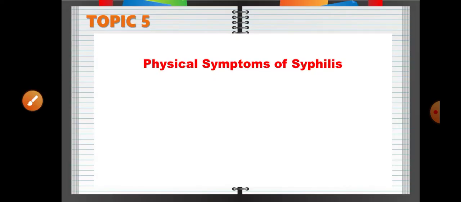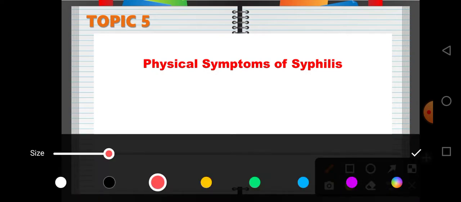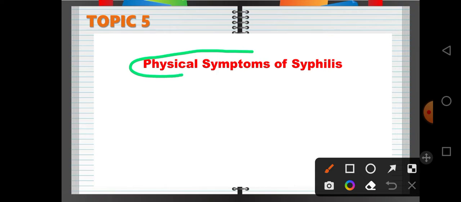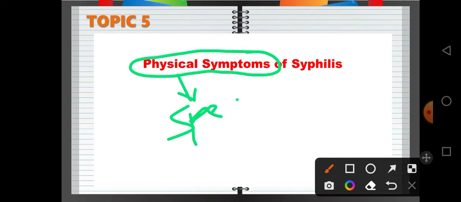We have physical symptoms of syphilis. So, we have here the key term physical symptoms. What can you infer, class? Is the term physical symptoms broad or specific? Physical symptoms is a very specific concern or very specific area.